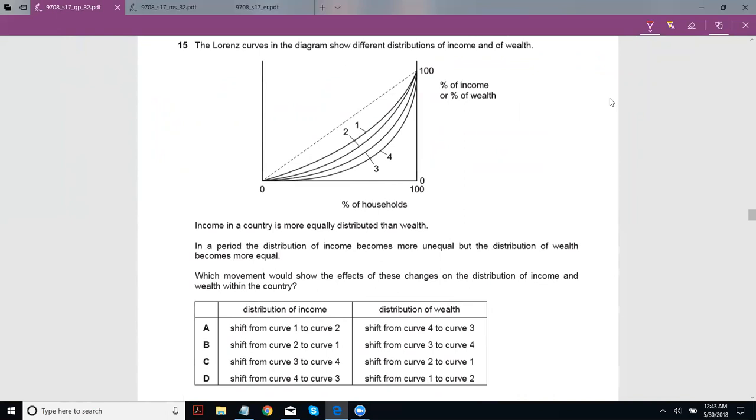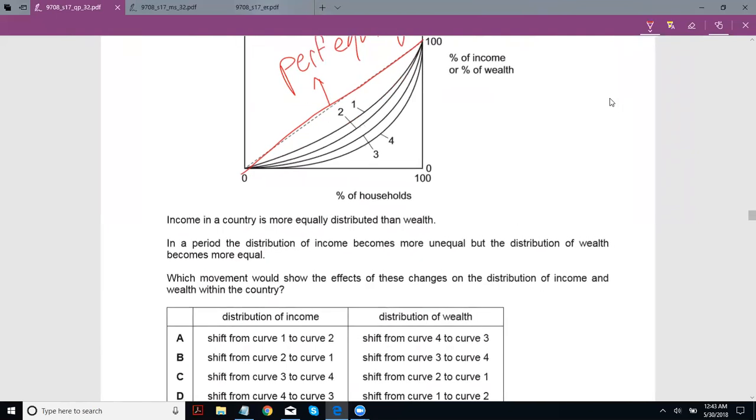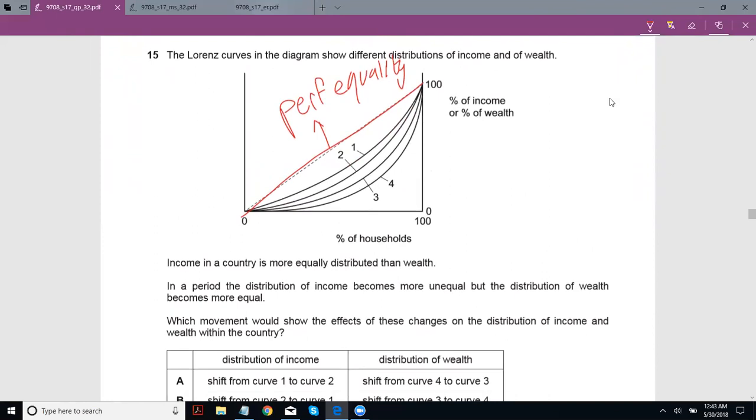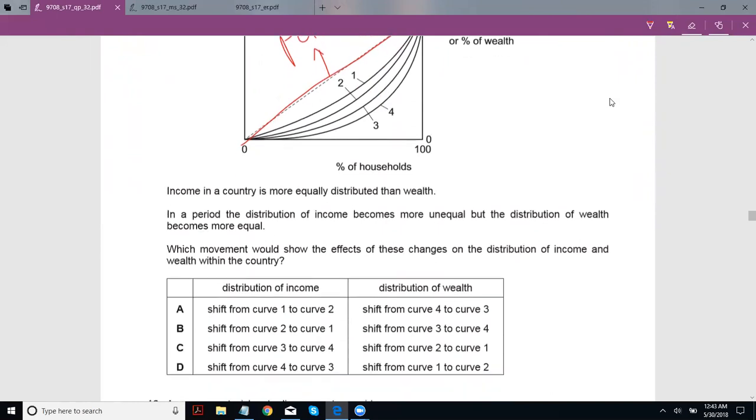So know that the more you deviate from this line, which is perfect equality, the more inequality there is. Think of it like this: 4 signifies more inequality than, let's say, 1 would. So the more you deviate from this particular line, the more inequality.